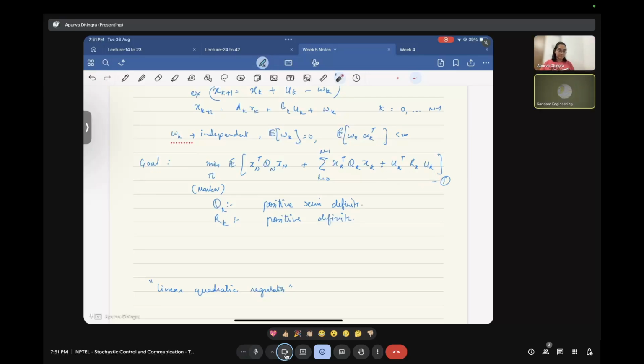rk is a matrix, so it's saying that they would want the eigenvalues of this quantity to not be 0. Basically, this should have some effect in the optimization, because we're optimizing over this. Otherwise, there's nothing to optimize.